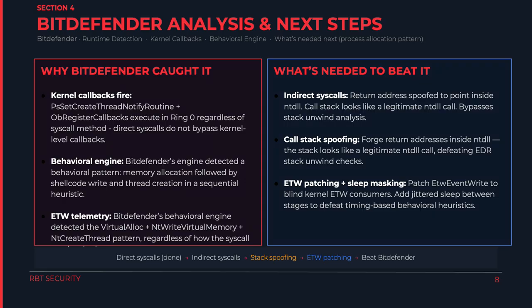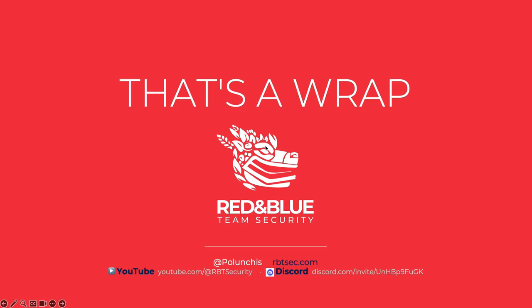That can be a more robust strategy. In the next upcoming section, we are going to see if all these techniques combined are able to evade Bitdefender. But for now, that is everything for the video. Thank you very much, and see you in the next one.